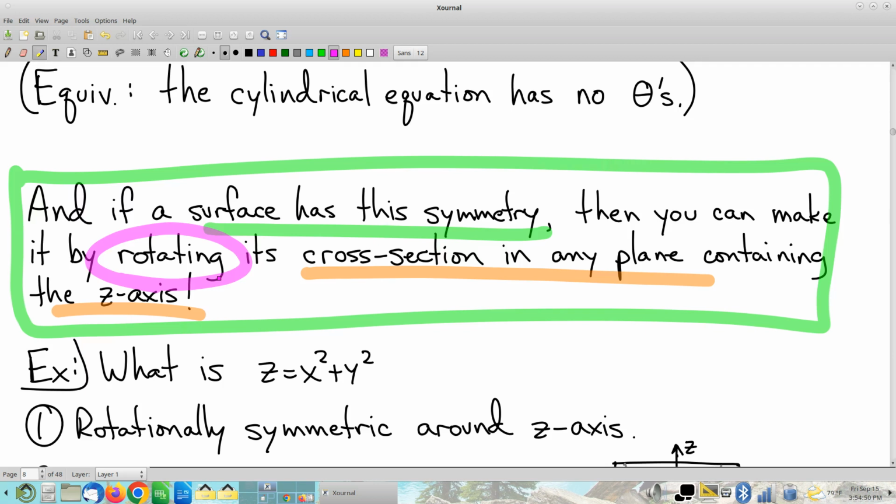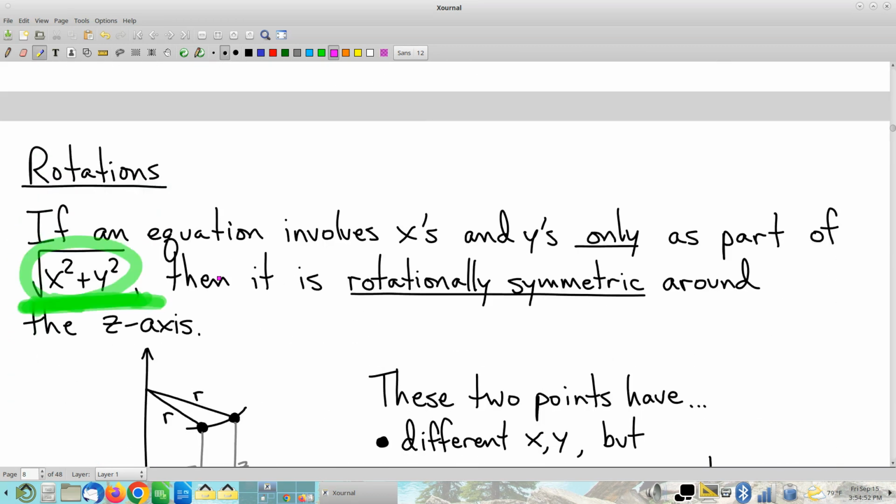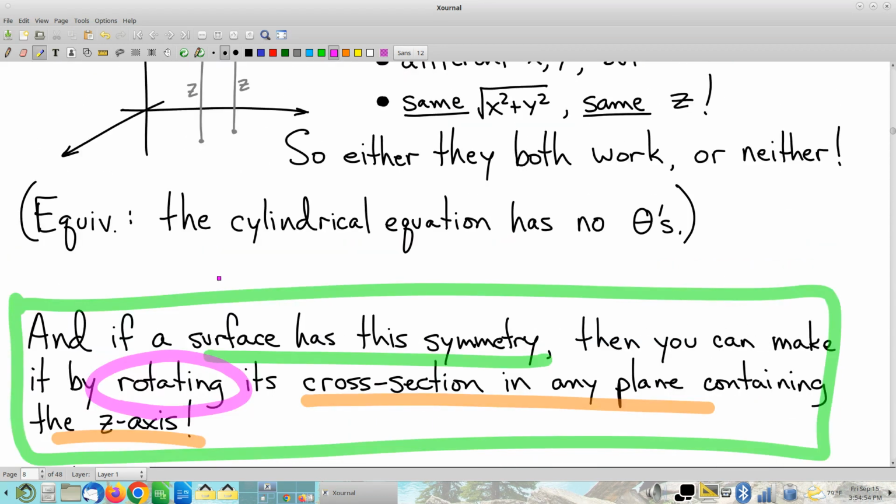So just a quick picture. If you have a surface that looks kind of like that, right? There's a surface that looks like a half of a sphere. This is rotationally symmetric around the z-axis.